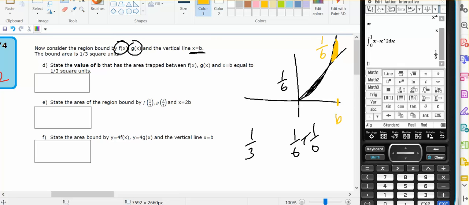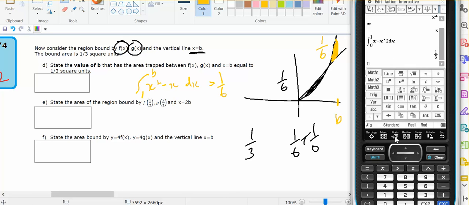So if I did the integral from 1 to b, my top curve is now x squared minus x dx, set it equal to 1/6 and solve for b. So if I make that positive and that negative, and I go from 1 to b, my answer has to equal 1/6.